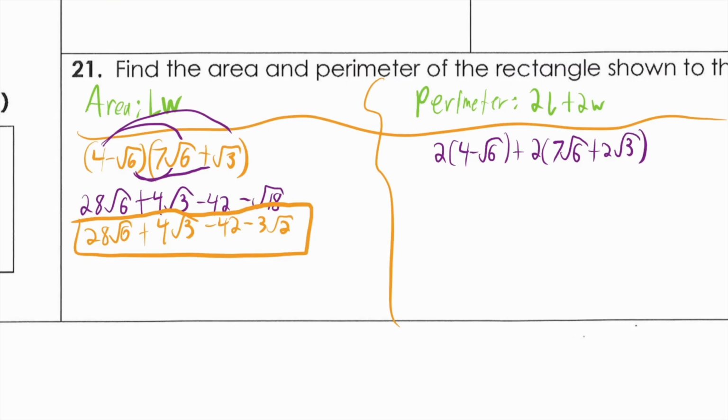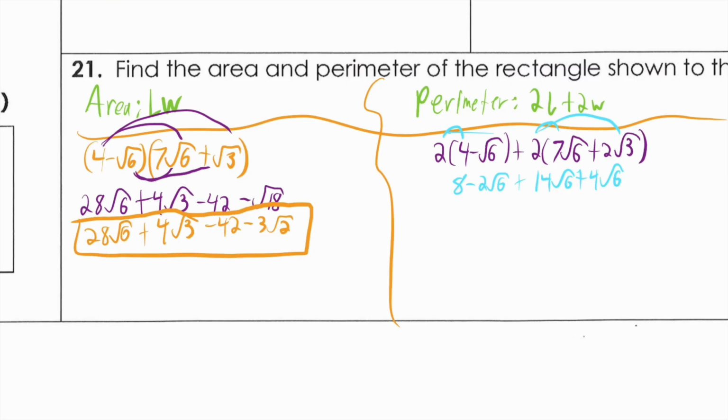Essentially, add up each side twice. But I will just go ahead and distribute here to write out less things. And I'll get 8 minus 2 square root 6 plus 14 square root 6 plus 4 square root 3.